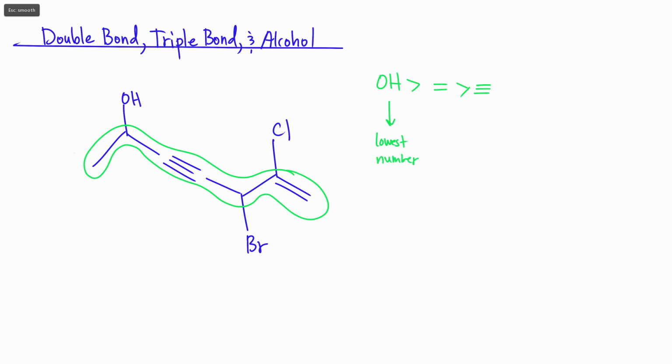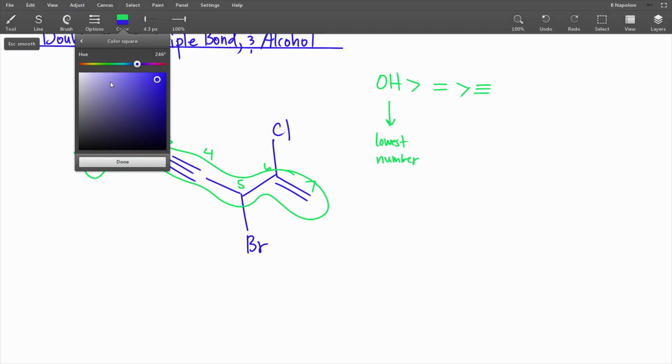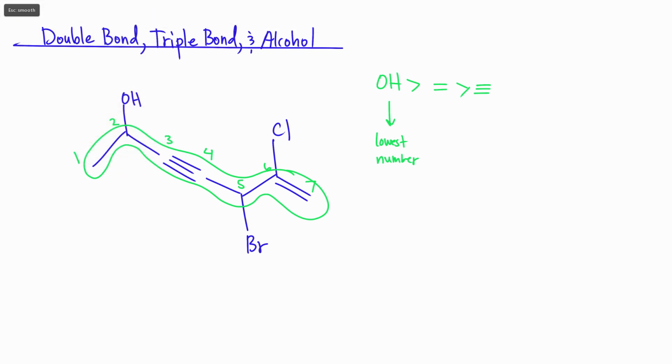Okay, so let's name. 1, 2, 3, 4, 5, 6, 7. All right, that would be the correct direction for numbering. So on carbon 2, we have a what? OL. On carbon 3, we have a YNE.